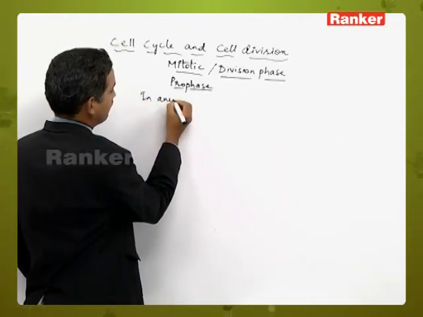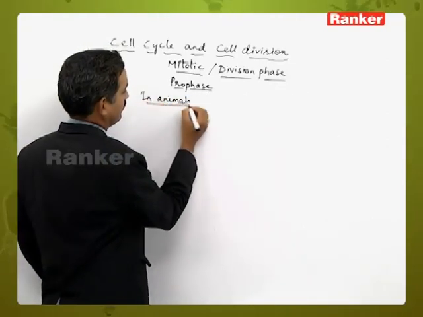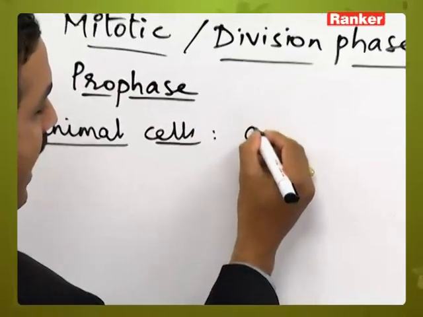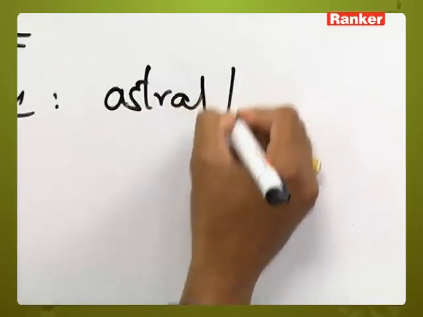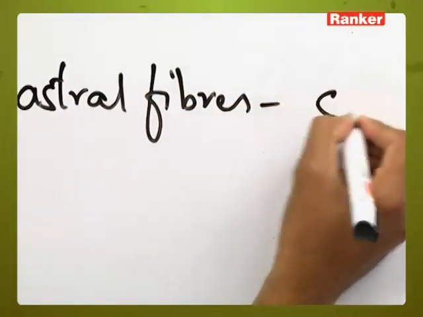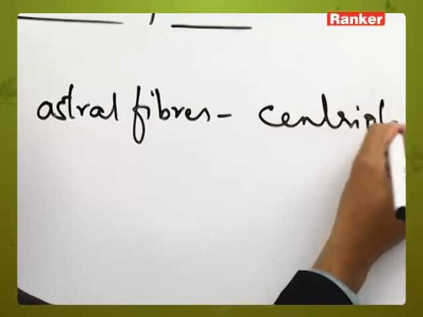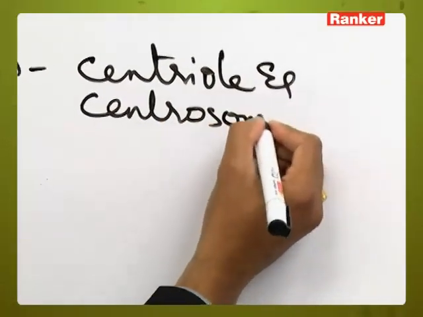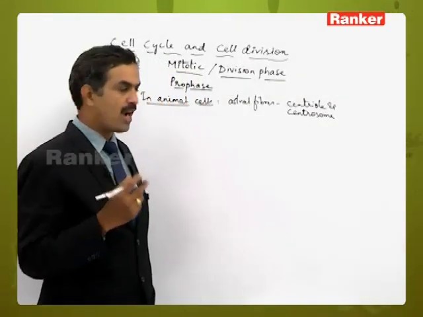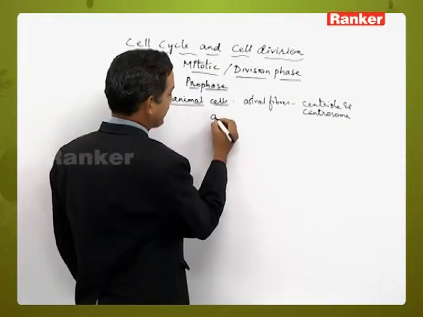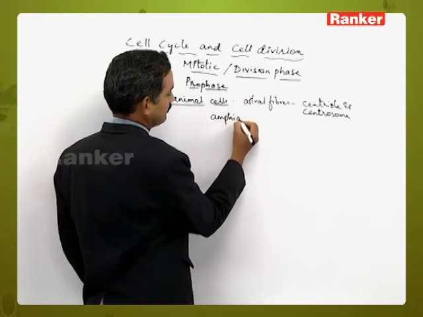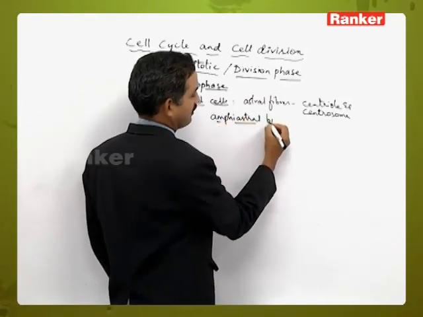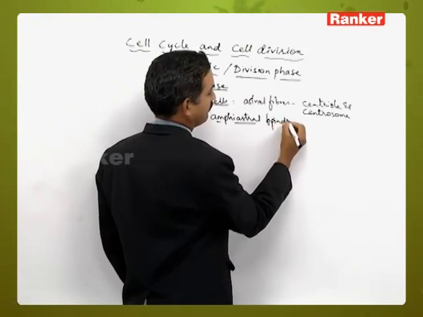In animal cells, the astral fibers are formed by the centrioles and centrosomes. Here two astral fibers are formed, so we call it an amphiastral spindle.